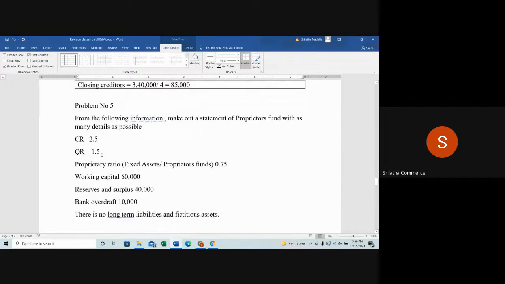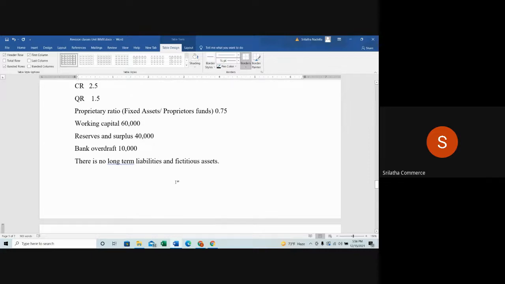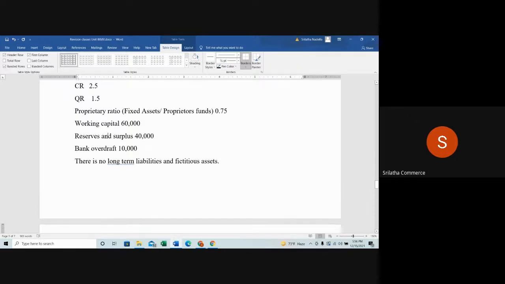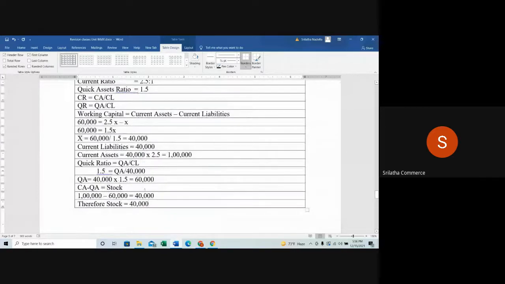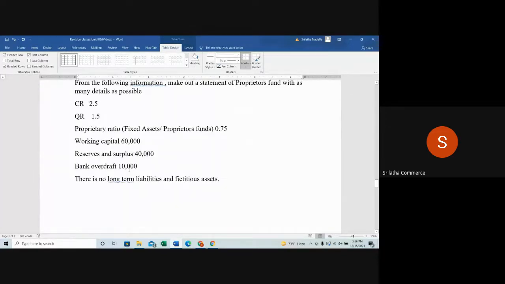Total current liabilities are 40,000. In that, 10,000 will be your bank overdraft. Then he had given proprietary ratio is equal to fixed assets divided by proprietor funds.